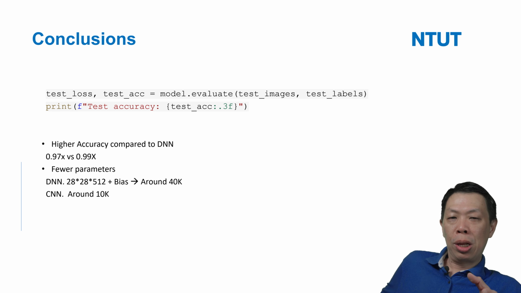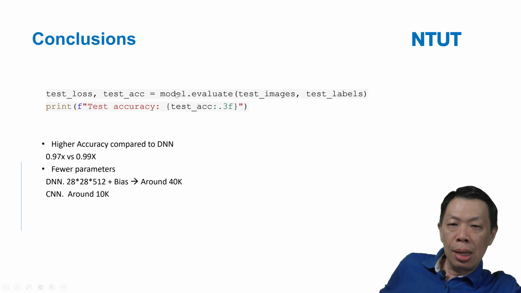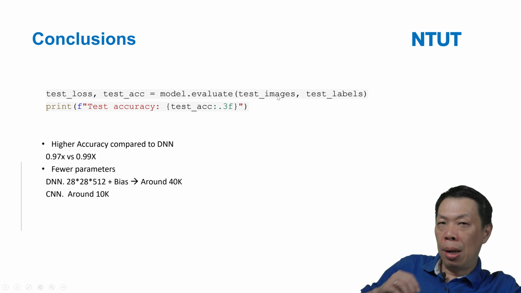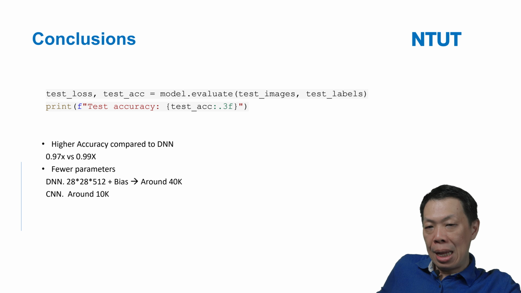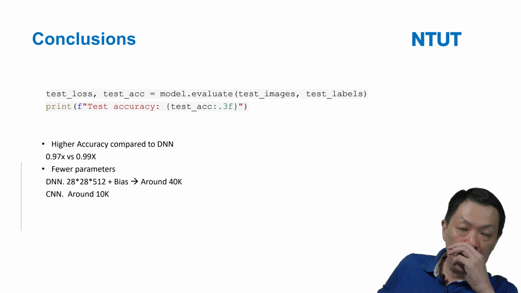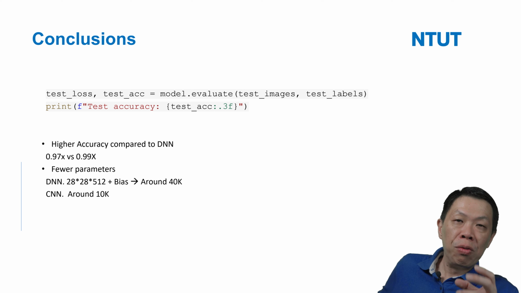So the conclusion: after we run the final part of the code, we evaluate the test data set, and in the end the accuracy should be higher than the DNN, because we have the feature map, right?